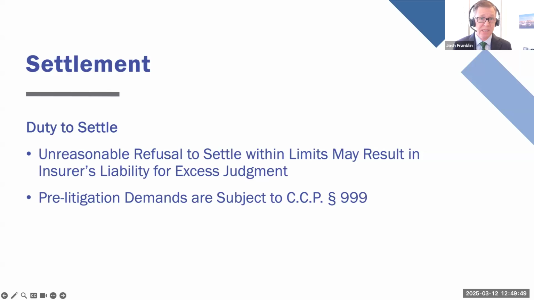There's an offer that comes in either for the policy limit or below, and the internal calculations are that the insured is exposed to something north of $1 million. That's a reasonable opportunity to settle within that limit. The insurance company has an obligation to accept that, generally speaking. If they don't do that, there's going to be exposure for the insurance company.